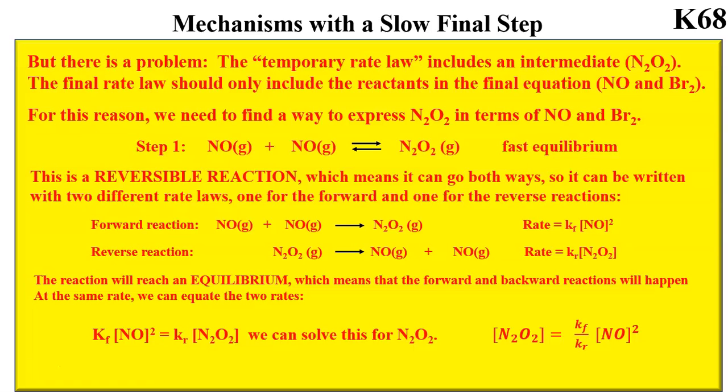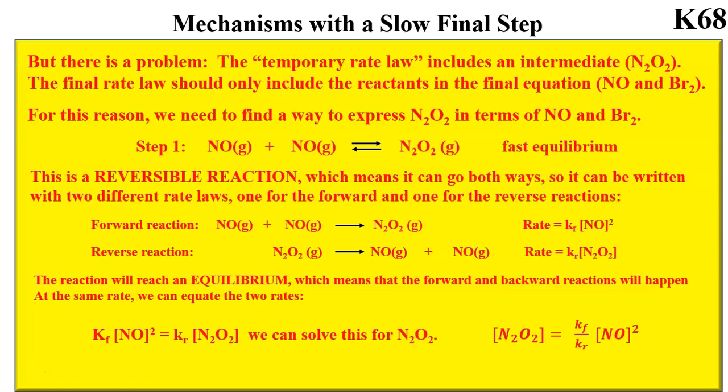For the forward reaction, rate equals k forward times the concentration of NO squared, because it's 2NO, that's going to be NO squared. And the reverse reaction is rate equals kr times [N2O2], the reactant of that reaction.